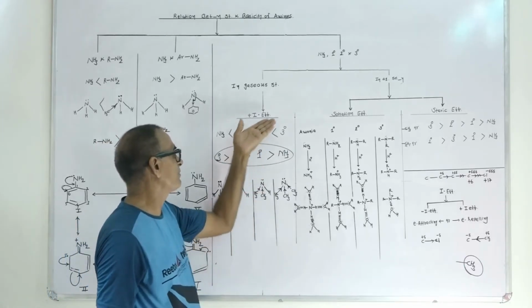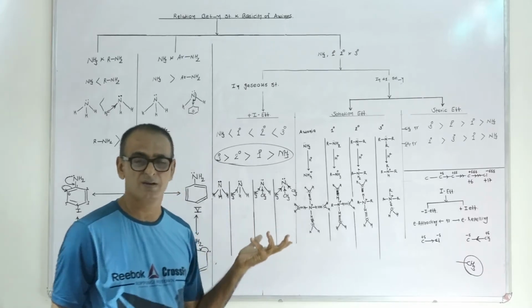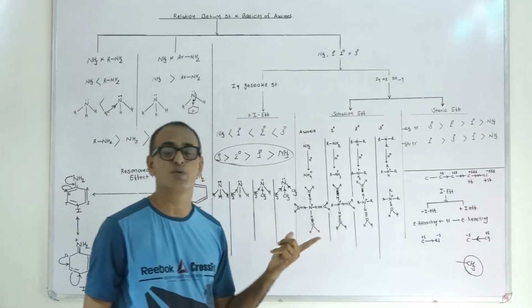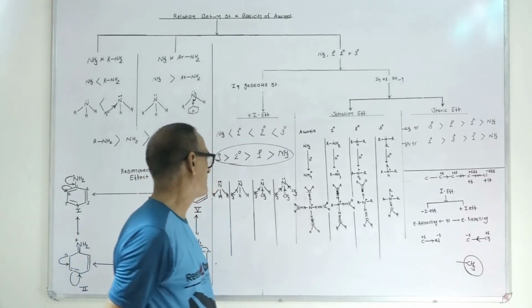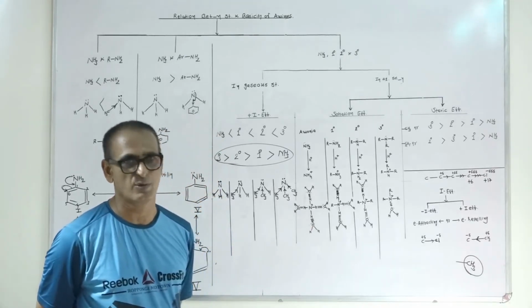By using plus I effect, we can judge the tertiary amine is more basic compared to secondary amine, is more basic compared to primary amine, more basic compared to ammonia.